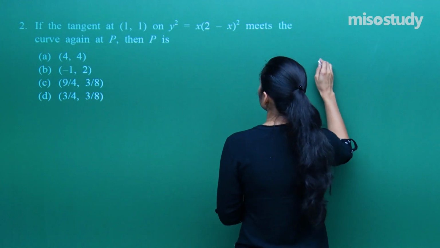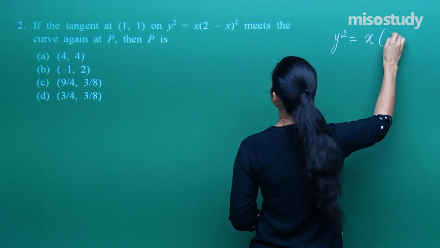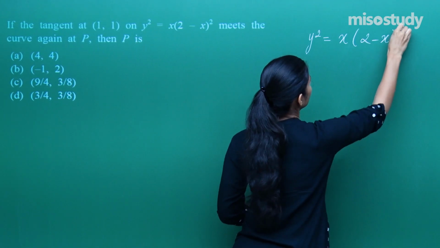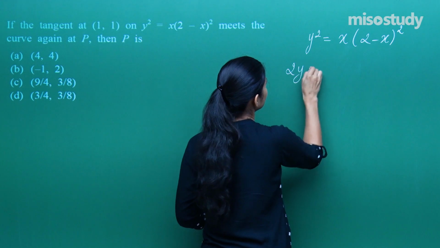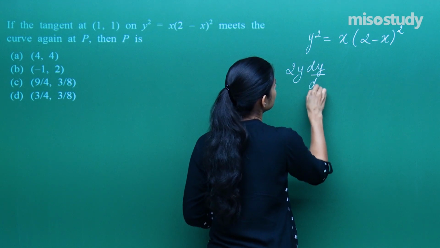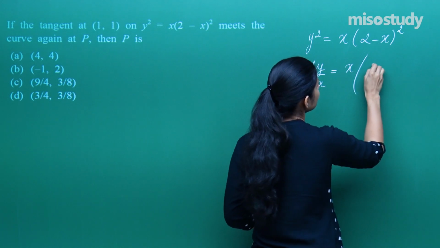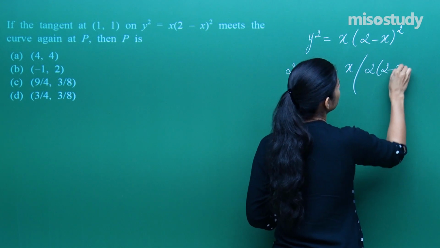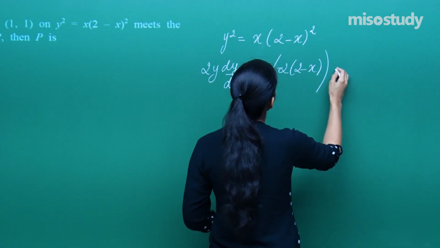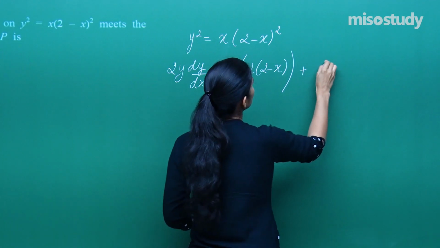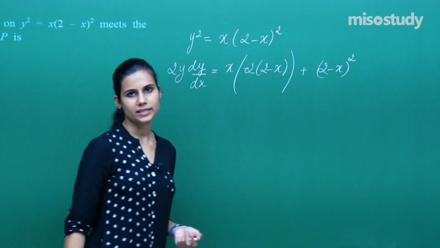Now if I try to get the curve, it is y square equals x times (2 minus x) whole square. So let's differentiate. I get 2y dy by dx equals x. Now you differentiate this, you get twice of (2 minus x) into minus 1 plus (2 minus x) whole square into d by dx of x, which is 1.